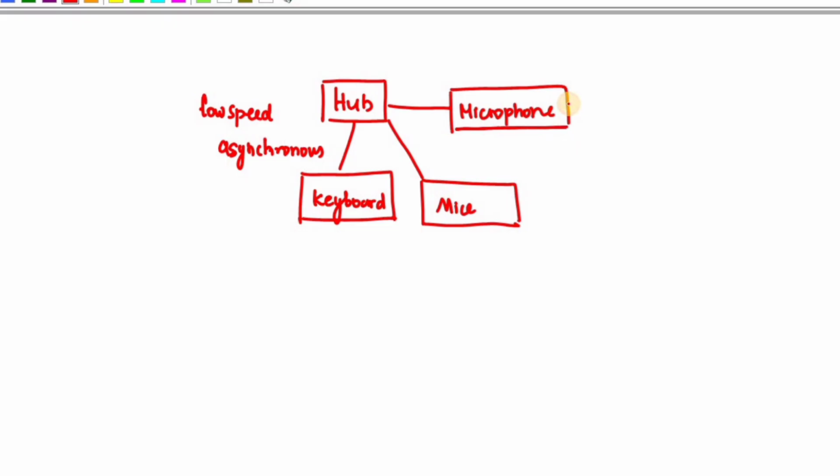Now let us discuss this. Whenever a microphone is attached to this USB, the sound picked up from the microphone, which is an analog signal, should be converted into digital form by using the ADC, which generates n number of bits which represent the magnitude of the sample.